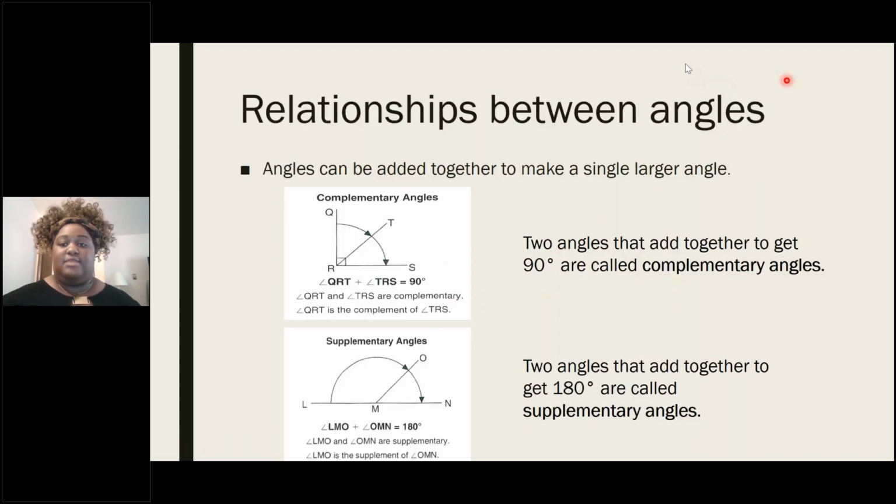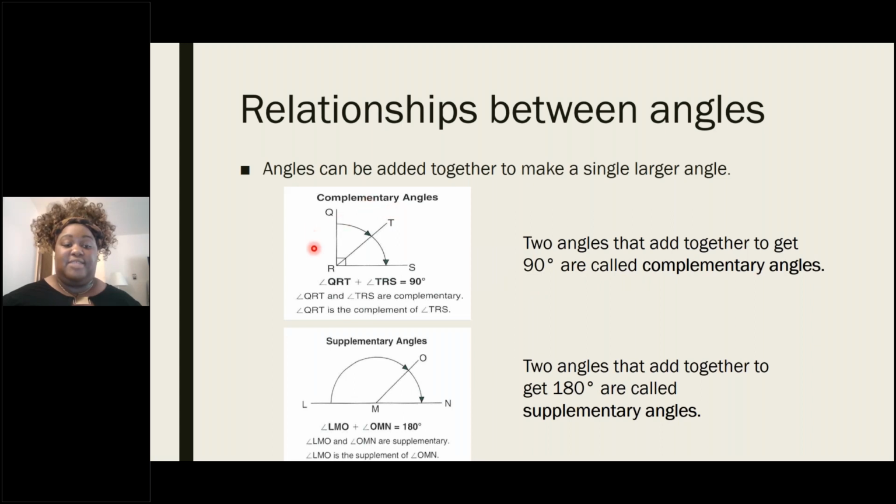So now we're going to look at the relationships between angles. Angles can be added together to make a single larger angle. The first type are called complementary angles. These are two angles that add together to get 90 degrees.